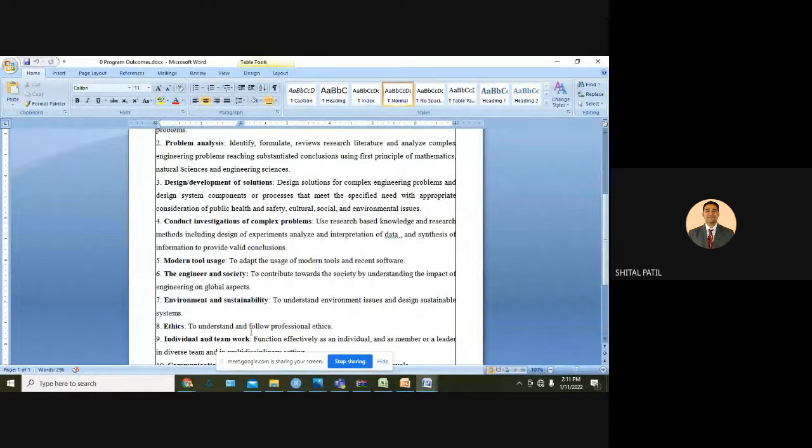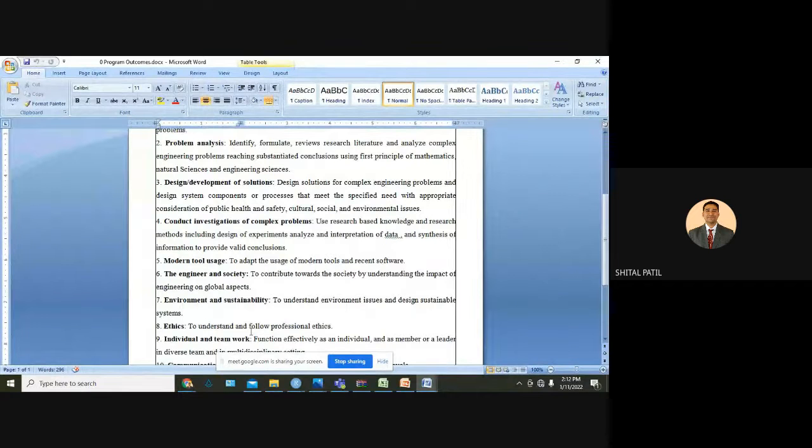During December and January also, there is rain. So as an engineer, you should be able to tackle these problems also.